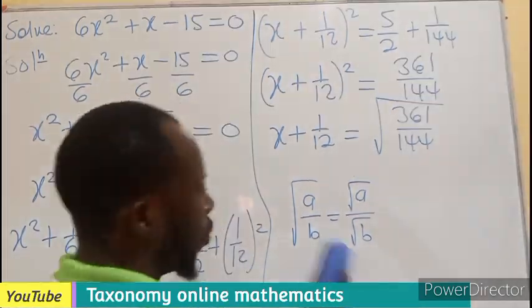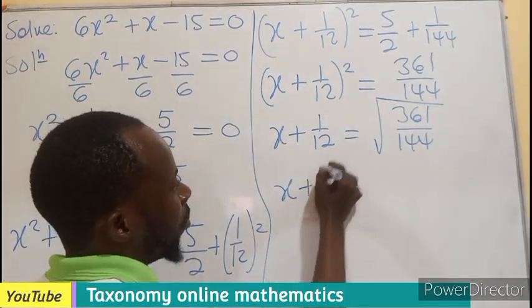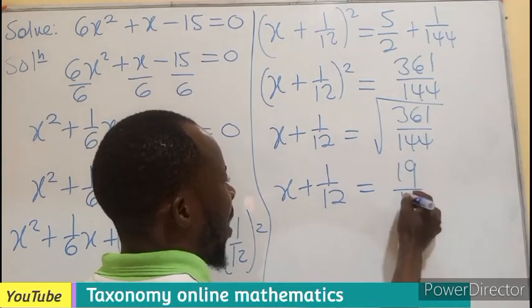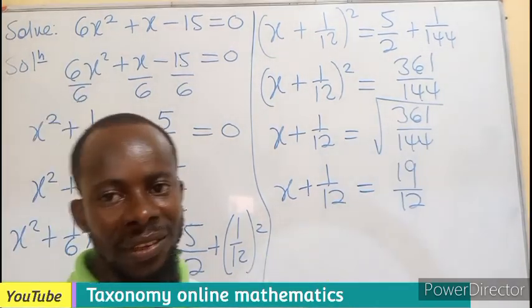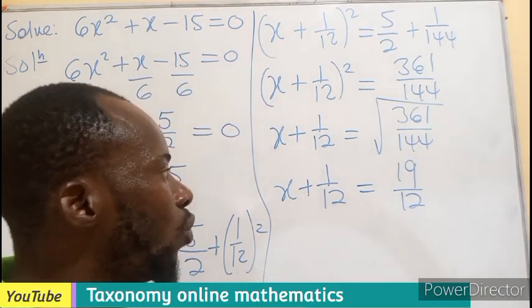So finding the square root will give us x plus 1 on 12 equals 19 divided by 12. You know why it's 19? The root of 361 is 19, and of 144 is 12.